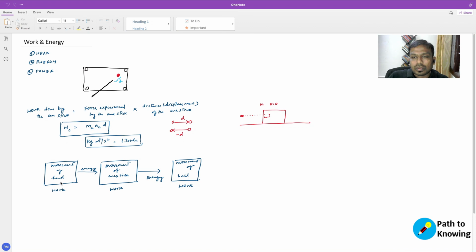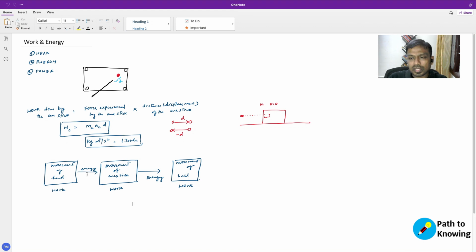The hand was the agent. The work done by the hand transferred the energy to the cue stick, and the work done by the cue stick by its movement transferred the energy to the ball, and the ball ended up doing the work, which was about reaching the pocket. Now let's delve a little deeper into this energy.